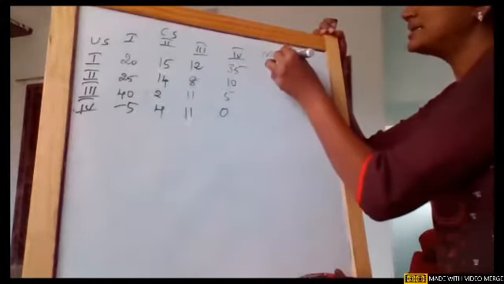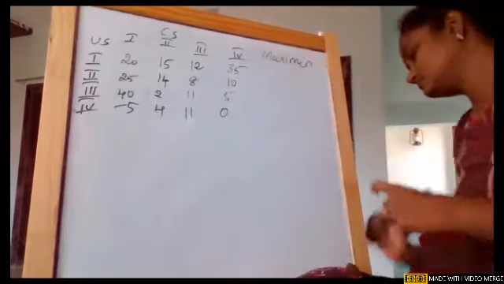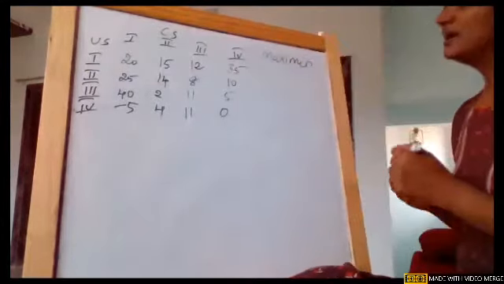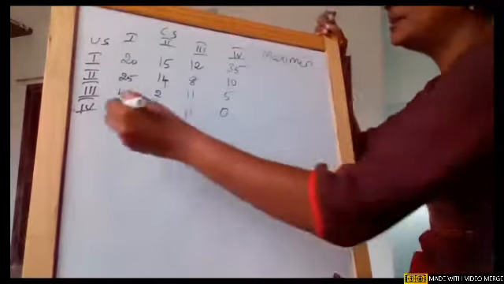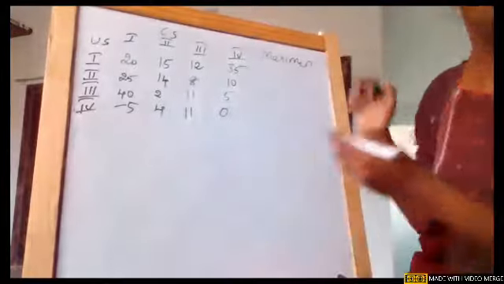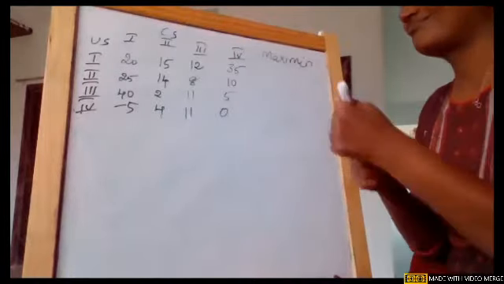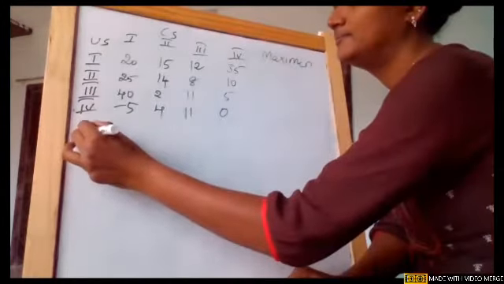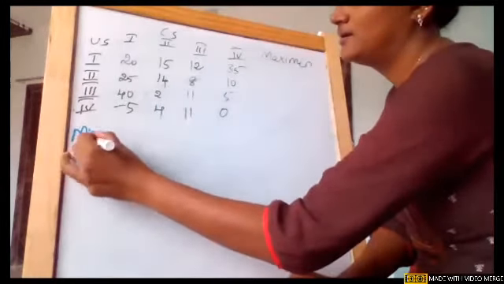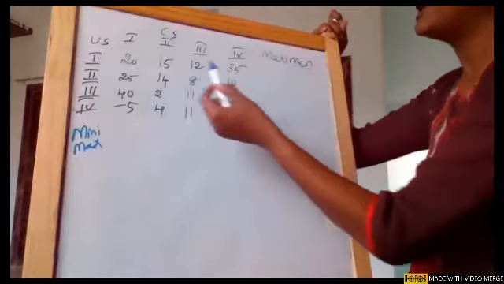If it is row wise, it is maximin, and if it is column wise, it is minimax. So maximin means first we need to pick the minimum value.